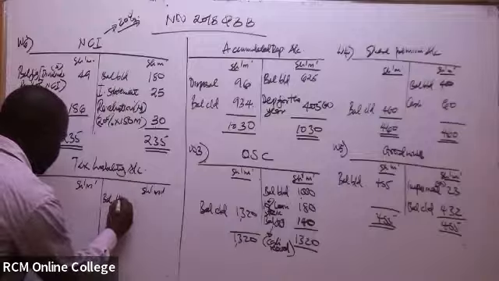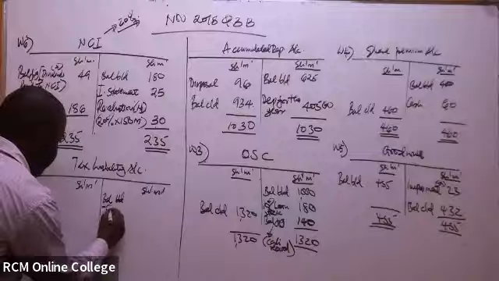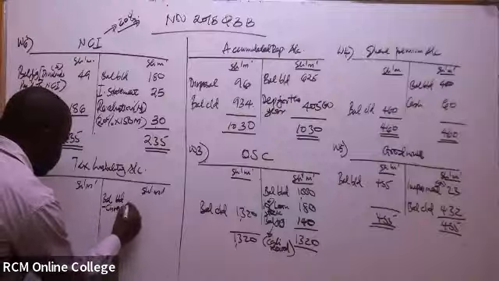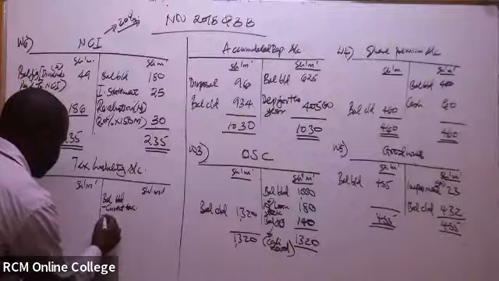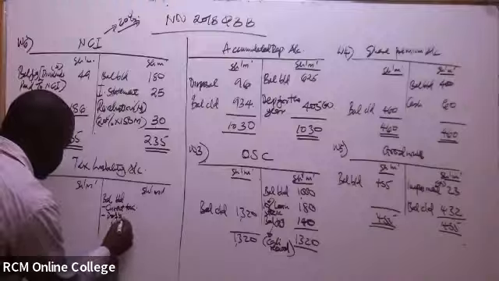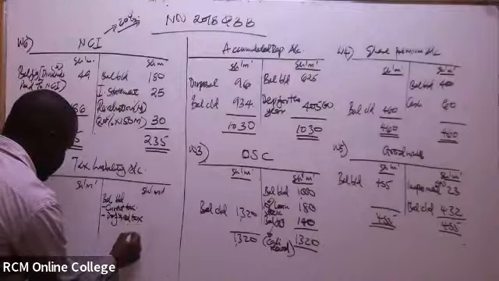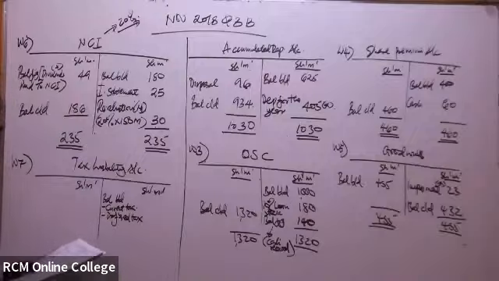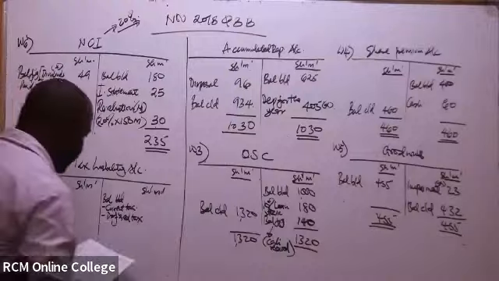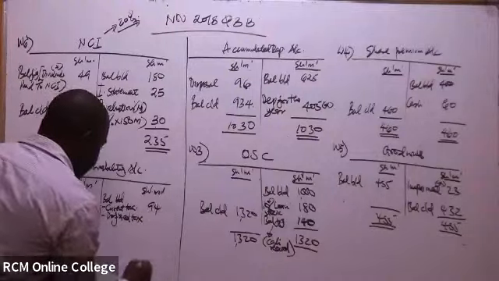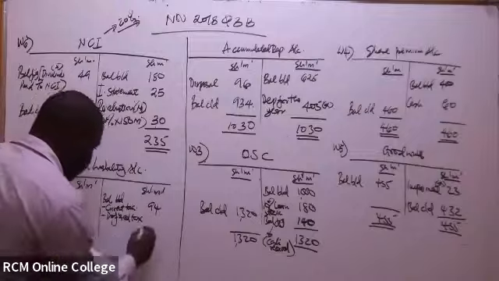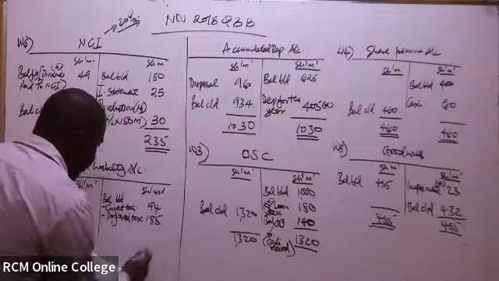We have the current tax, and of course, the deferred tax. The current tax is under the current liabilities, and you can see an opening balance of 94. And for the deferred tax, an opening balance of 185.